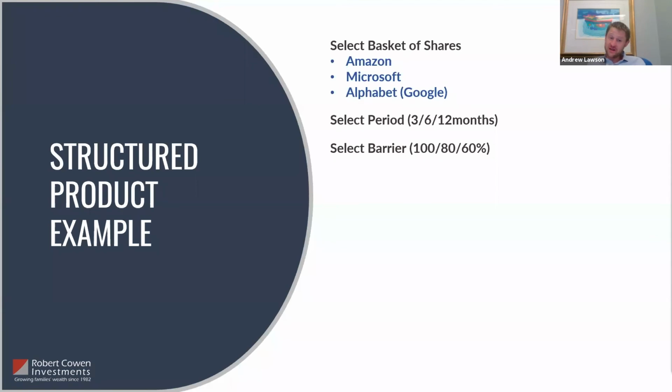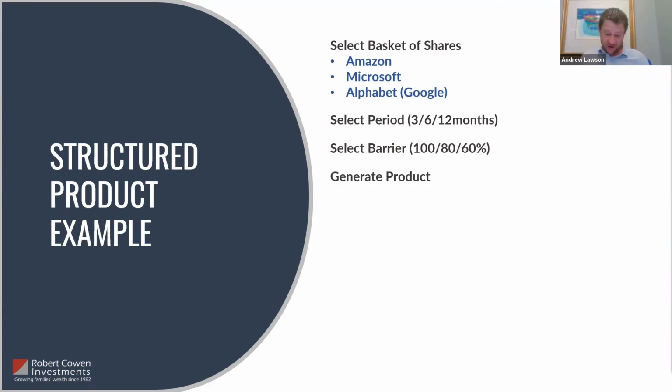The different barriers that you select change the outcome of what the product produces, as do all of these components. But by being able to select something like a 60% barrier, it would be very unlikely, in our view, that something like an Amazon, Microsoft, or Google would drop 40% over a 3-month period.